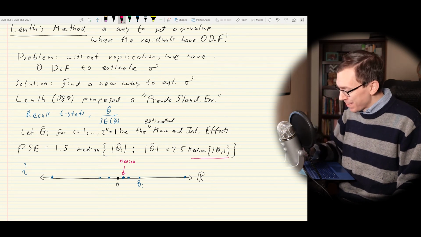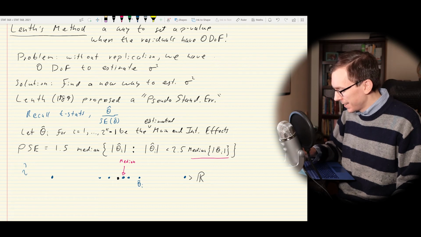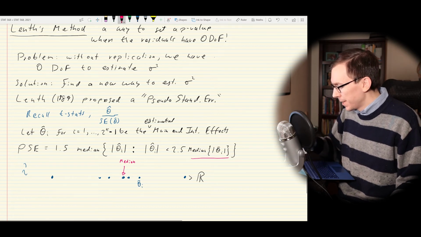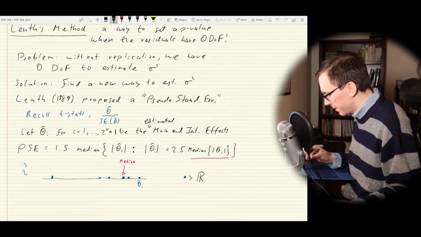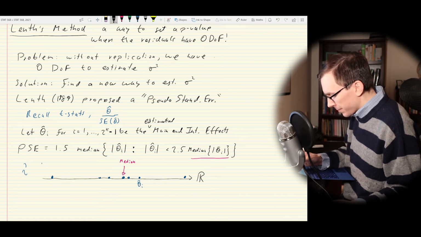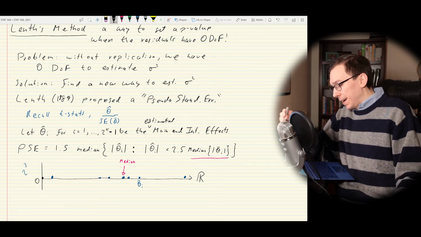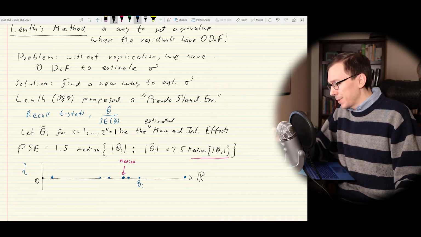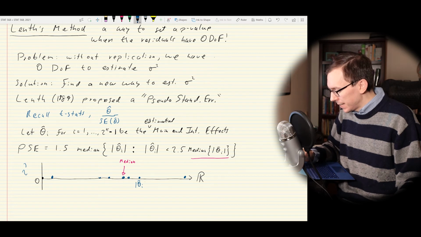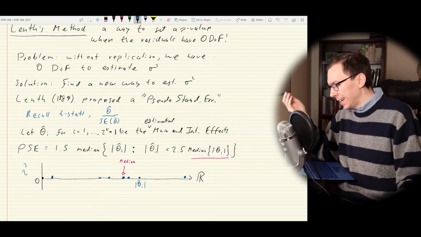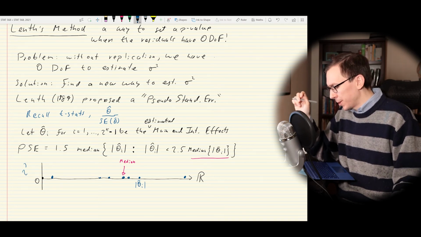So we're going to move the origin because strictly speaking, everything should be done here in absolute value for this to make sense. So we find our median and we say, okay, there's the median of the absolute value. And let me put an absolute value here to indicate that we're looking at the magnitude of the theta hats, not their specific position on the real line.